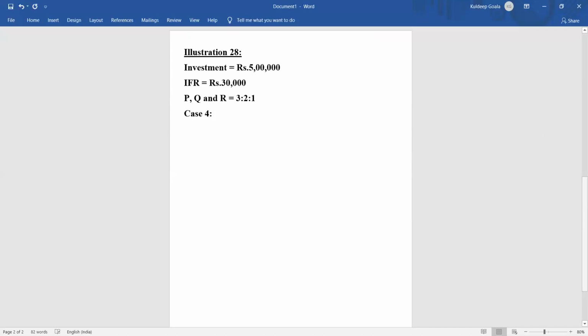In case number 4, the market value of investment is rupees, let's increase it first, 5,20,000.